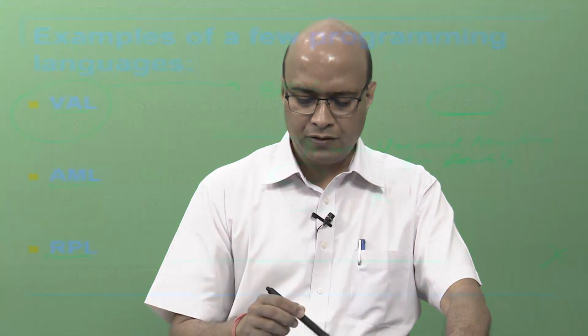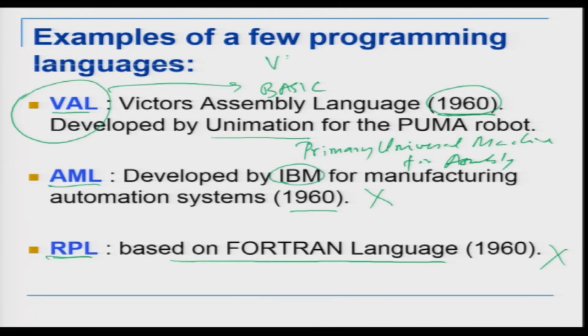And the VAL language also progressed: we have VAL 1, then we have VAL 2, and what we will be looking at in the subsequent lectures is how to program using VAL 2, and most of the robots around the world use some variation of VAL 2. The basic difference between VAL 1 and VAL 2 is that VAL 2 can interact with the environment. VAL 1 is a very simple language which can only take simple commands for pick and place, etc.